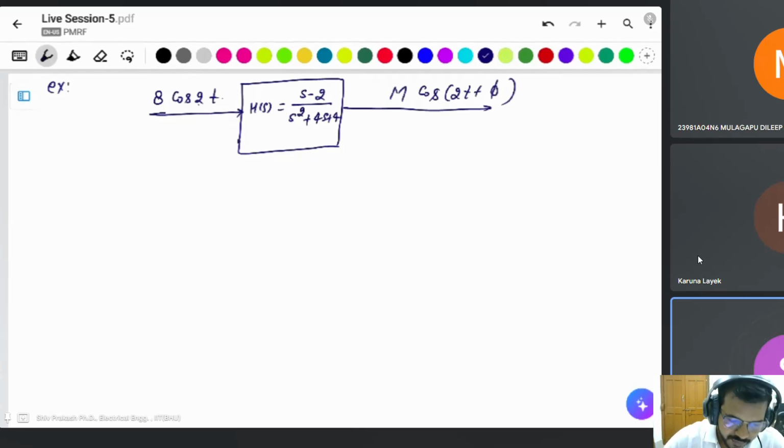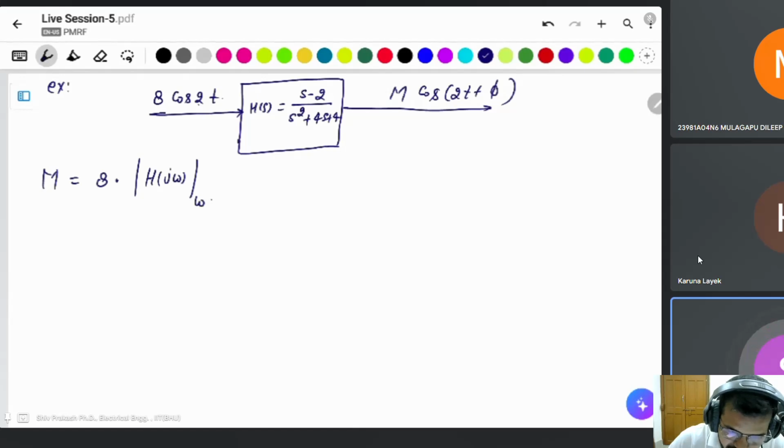First of all, find the magnitude. The input magnitude is 8, times the magnitude of the system at omega equal to 2.